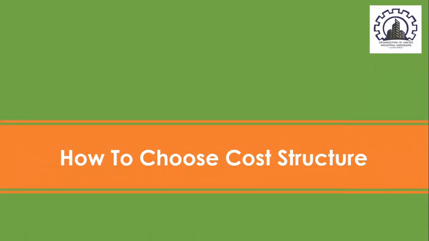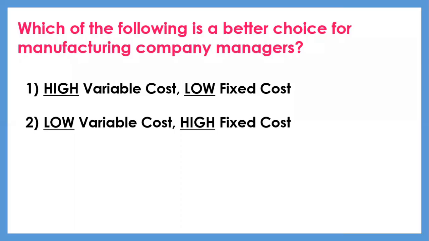The next topic will discuss the relationship between variable and fixed cost. Which of the following is a better choice for manufacturing company managers then? First, is it high variable cost, low fixed cost, or low variable cost, high fixed cost?